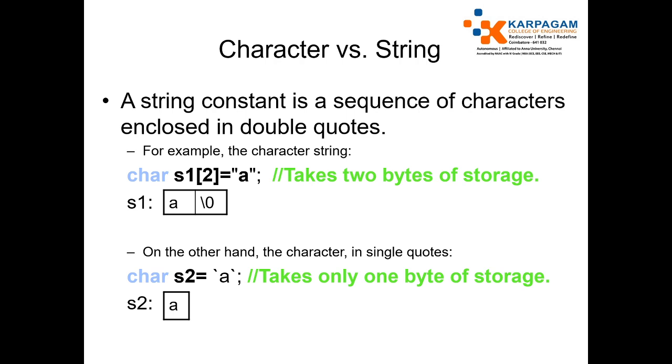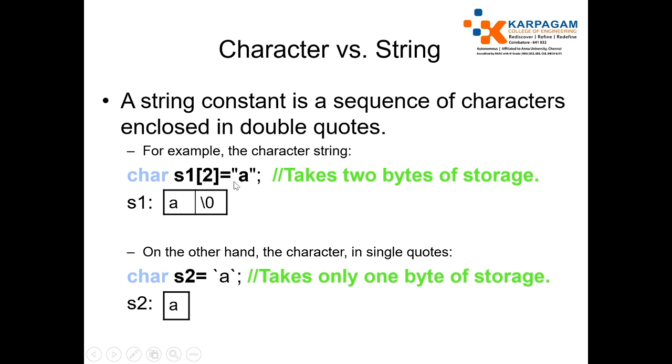So, character versus string. A string consists of a sequence of characters enclosed in double quotes, but a character is enclosed by single quotes. If you wish to store a single character, just specify the variable name and the value enclosed by single quotes.